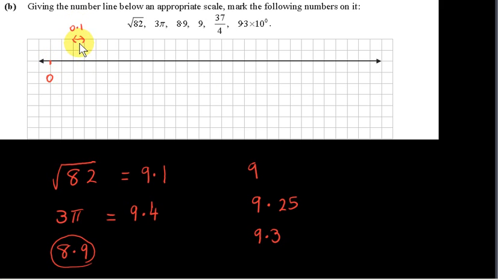Well, if we use this distance as 0.1, then to get to 1, we have 0.1, 0.2, 0.3, 0.4, 0.5, 0.6, 0.7, 0.8, 0.9, and then 1. And you can see we're a long way from 8.9, so it's not going to be feasible to show 0 on this line. We have to go off this page. We don't want to do that. And 0.1 really is the smallest unit that we should use to accurately represent these numbers on this line. So you can see that it's best not to try and show 0 here.